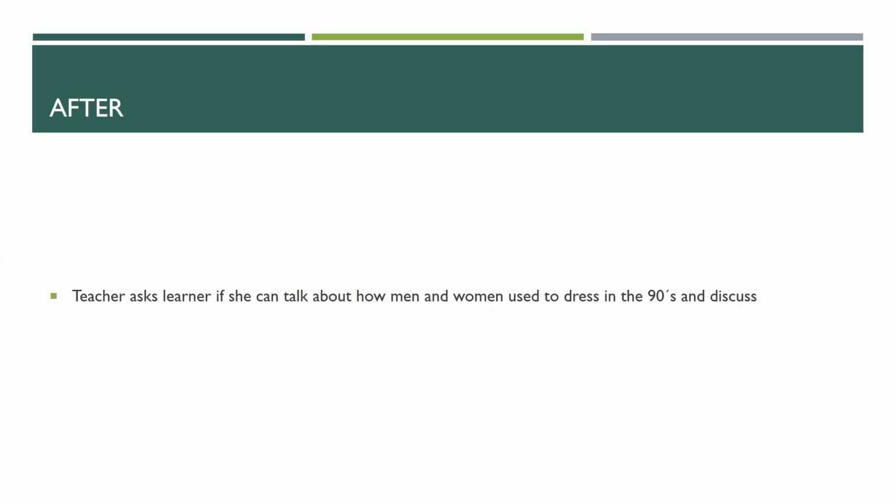Finally, the last part of the process, in this case, the class, which we now finish with Rubin's taxonomy. The teacher asks the learner if she can talk about how men and women used to dress in the 90s and discuss.